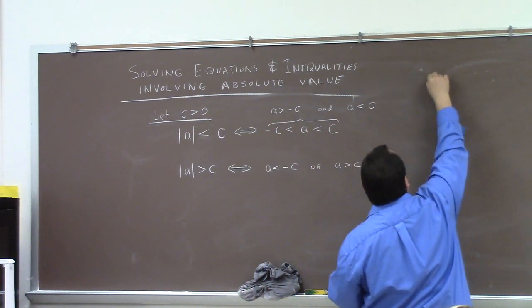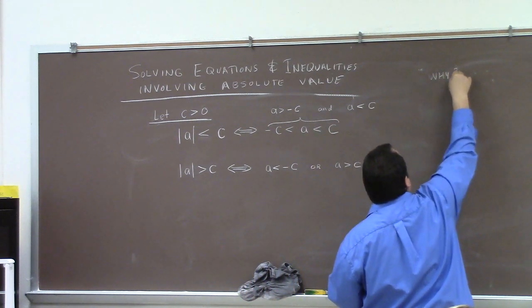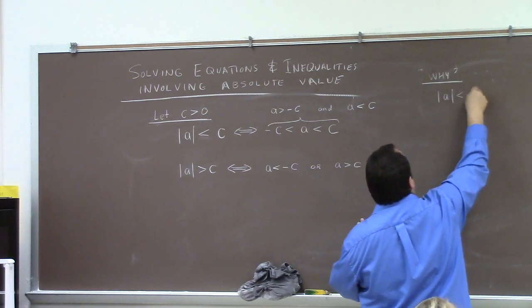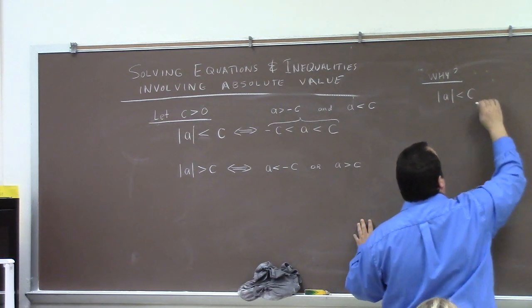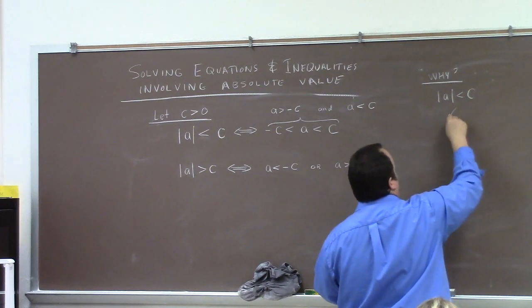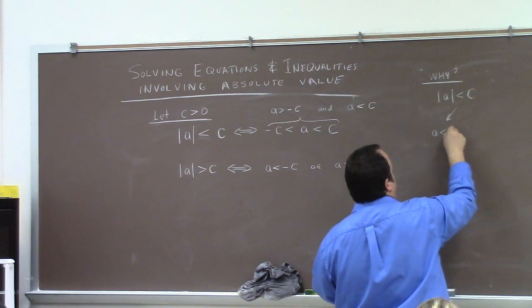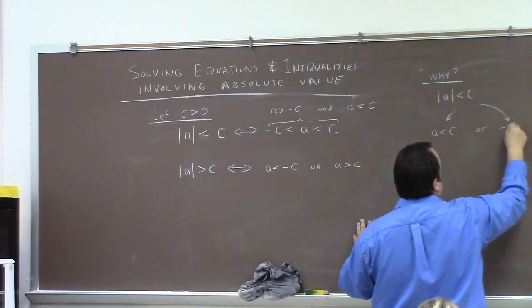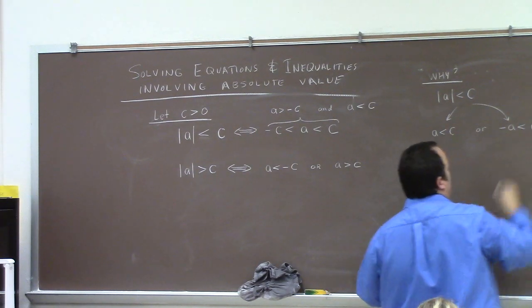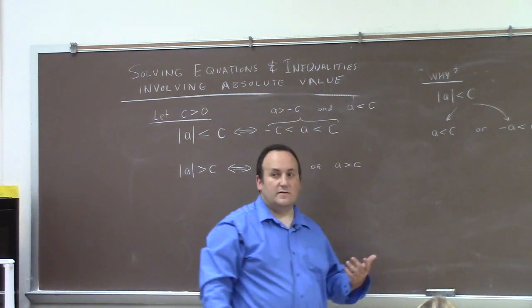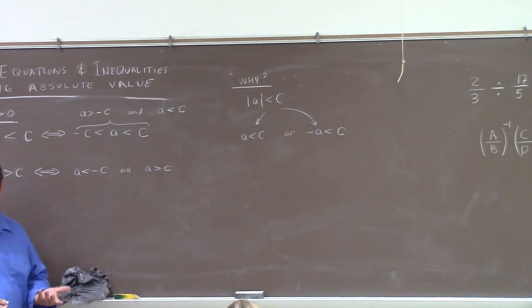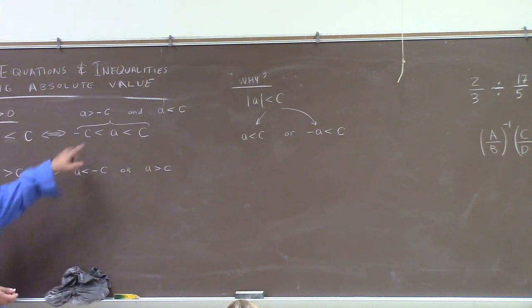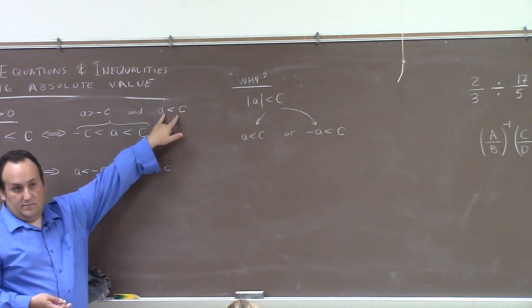So why? The absolute value of A less than C gives you two things. On the one hand, it could give you A is less than C, or minus A is less than C, because the absolute value is either plus or minus A. So A less than C, that one.